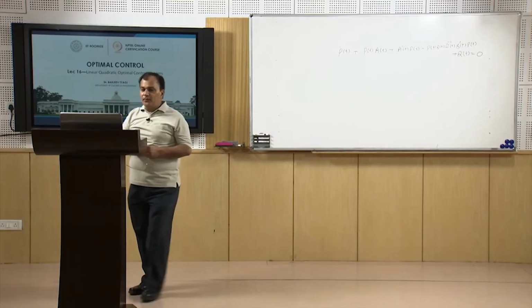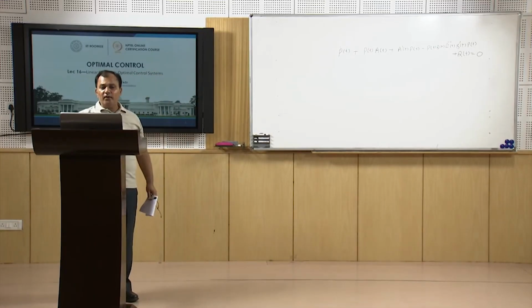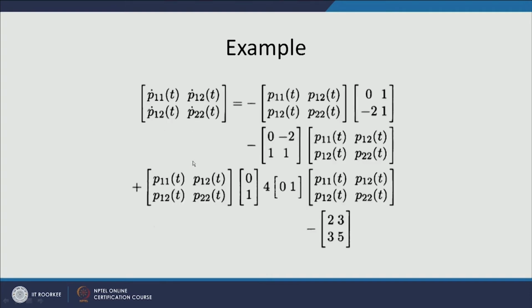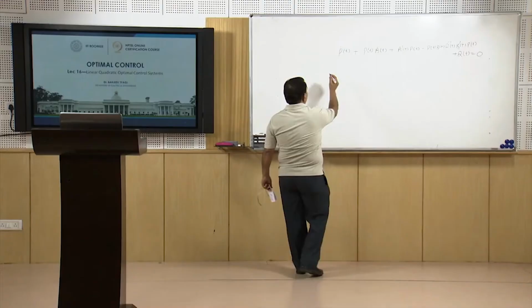So, in this if we put the values of A, B, F, Q, R, because A, B, Q, R are required here, my equation will be obtained. Now what actually will be my P?